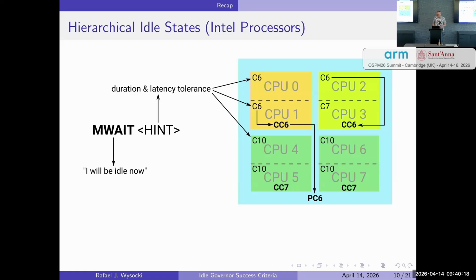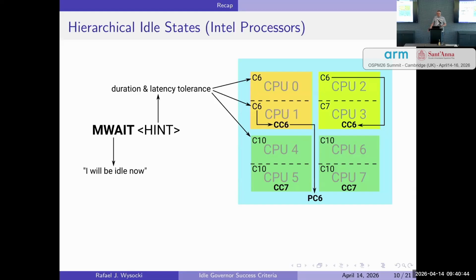There are labels attached to those hint numbers, and for Intel CPUs, they start with the letter C, and there is a number which corresponds to the depth of the state. The larger the number, the deeper the state.